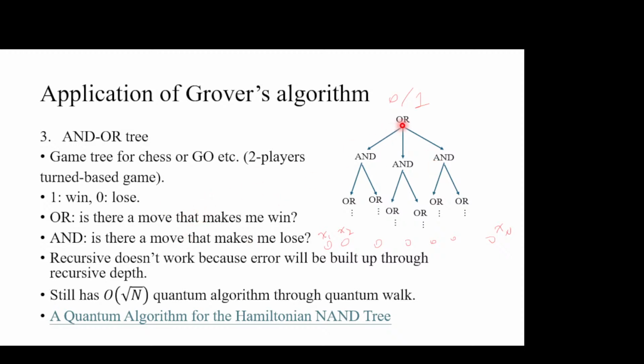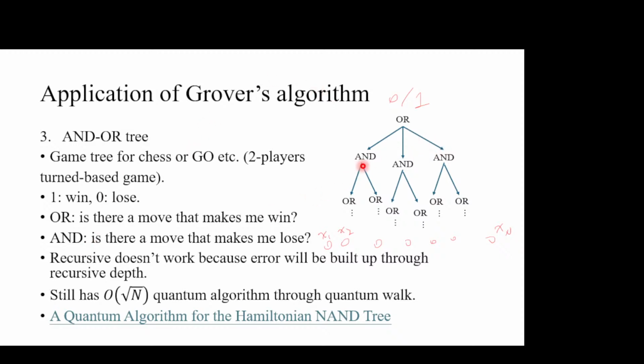Then there are several moves I can do, and whether I can win or not depends on whether any move I can make me win. So those branches of OR are the moves I can make, and I want to calculate the OR between those branches because I want to see whether there's any winning move I can make.